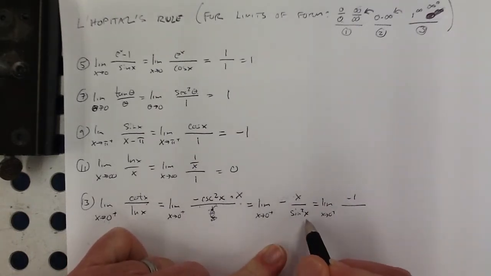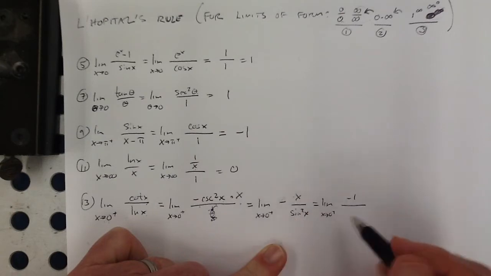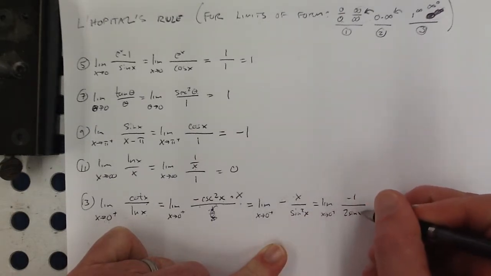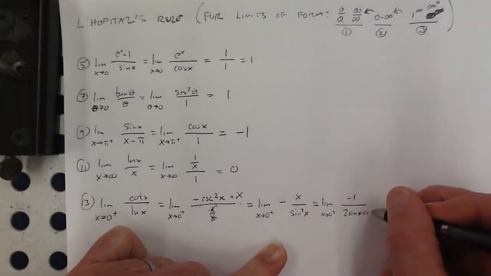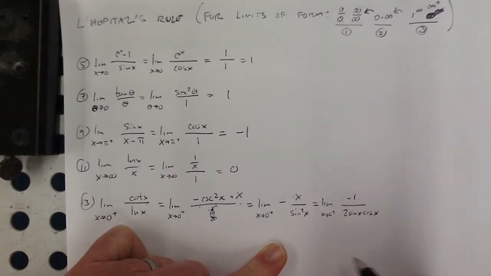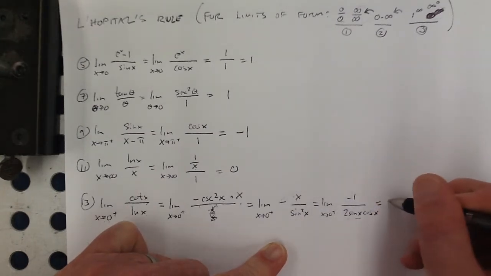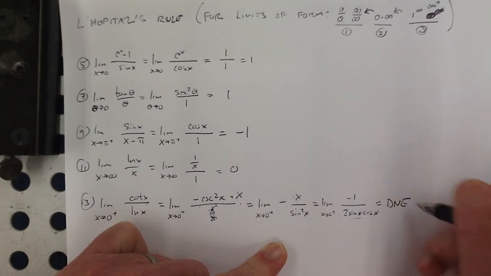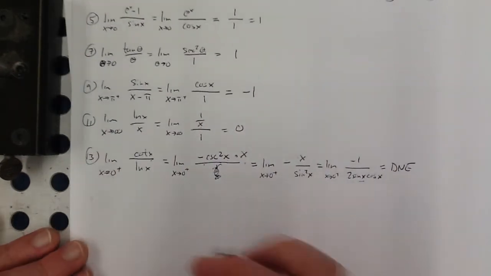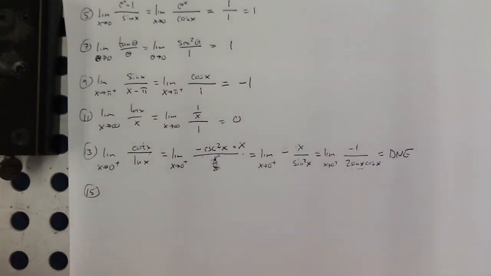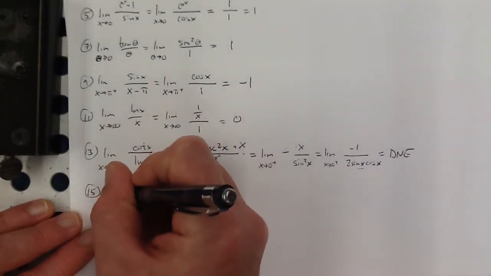And the derivative of sine squared, derivative of anything squared, is 2 times that thing to the first times the derivative of what's inside. And that is still going to have a 0 on the bottom, so I have negative 1 over 0. So it does not exist. So I would say that one was the trickiest so far. All right.